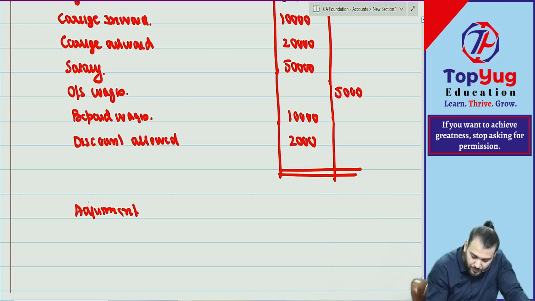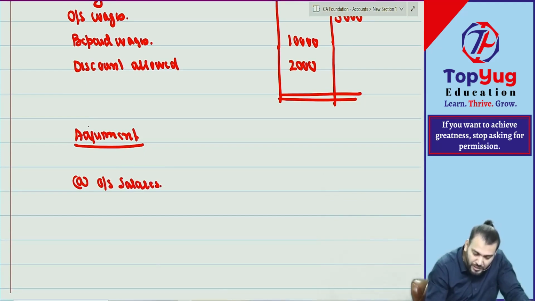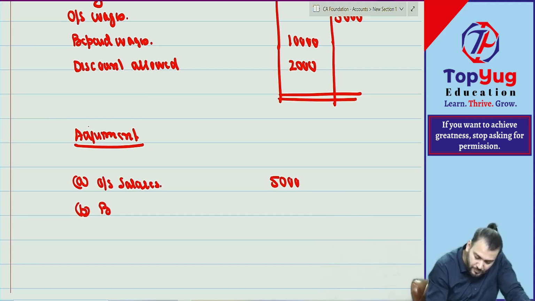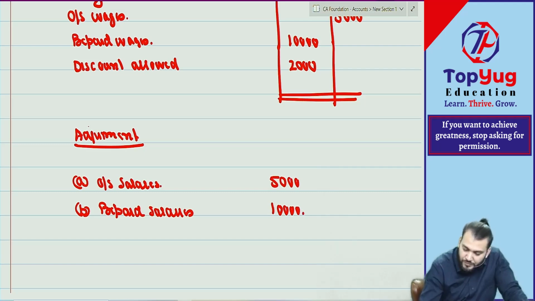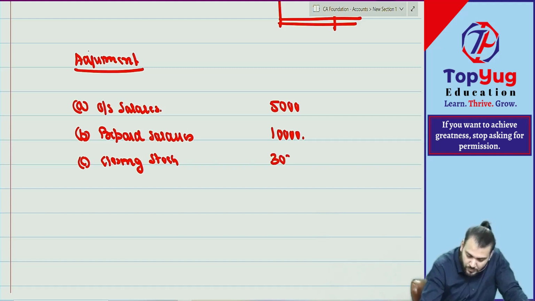Adjustments: outstanding salaries 5,000, prepaid salaries 10,000, closing stock 3 lakh.